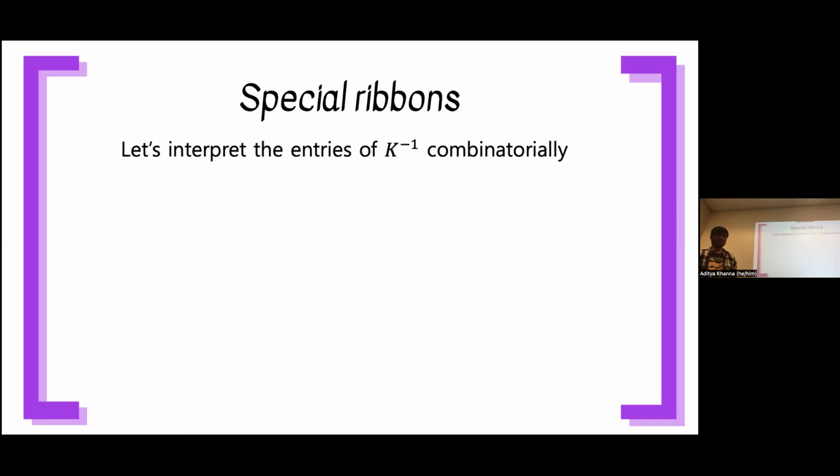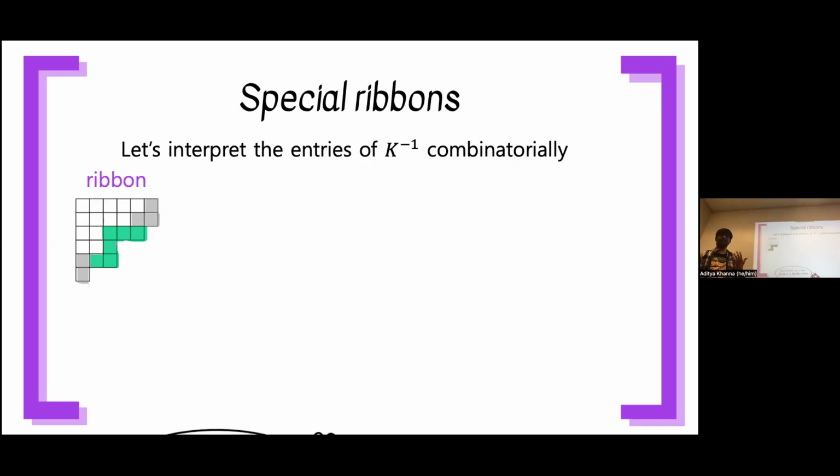So what are these ones and minus ones? I will describe this object called a ribbon. What does a ribbon do? It goes along the border of the diagram and it snakes like this. And the border is this whole thing. And what I have drawn for you is a ribbon, so it's a subset of the border.